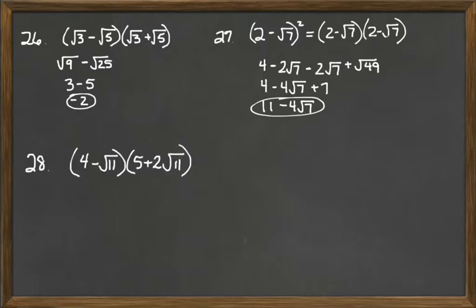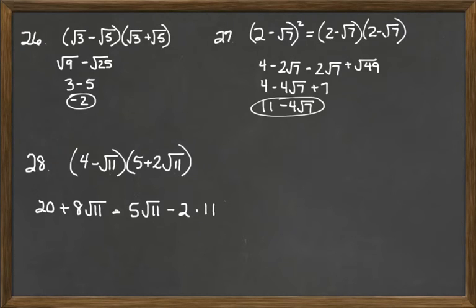Okay, there's one more. And again, we're going to use the distributive property. 4 times 5 is 20. 4 times 2 root 11 is 8 root 11. Negative root 11 times 5 is minus 5 square root 11. And negative square root 11 times 2 square root 11 is negative 2 square root 121.